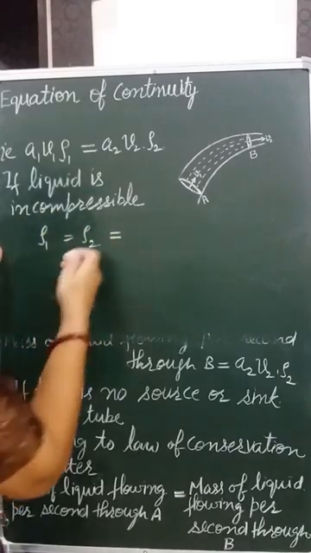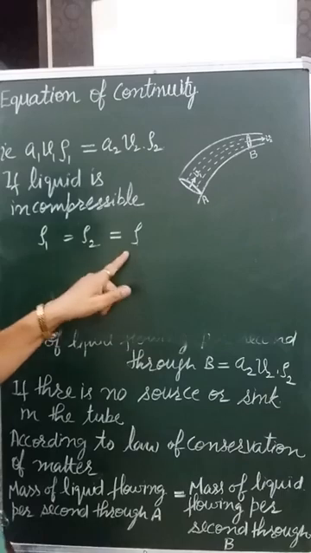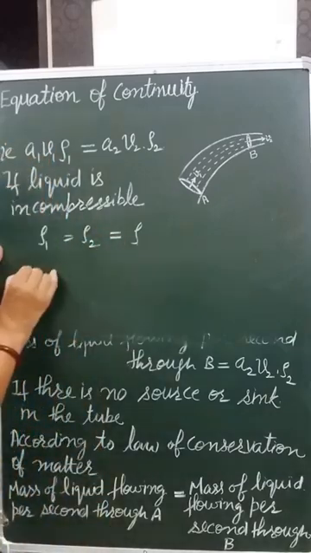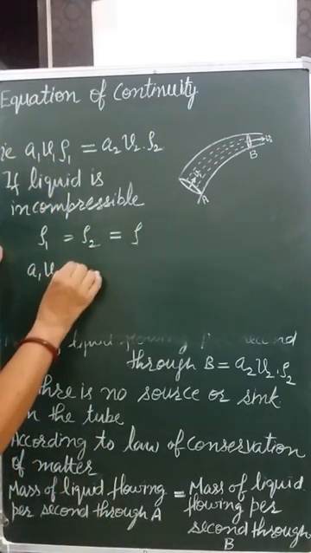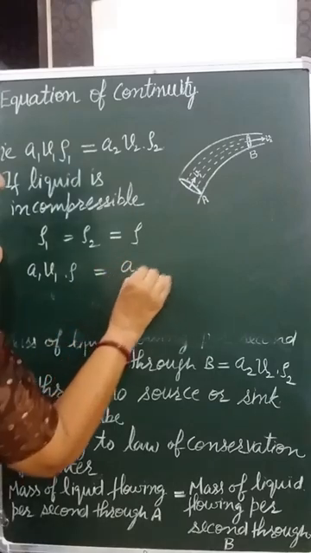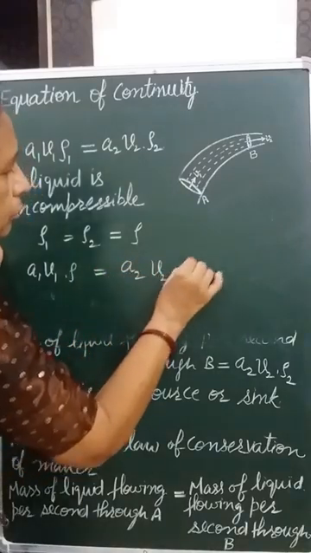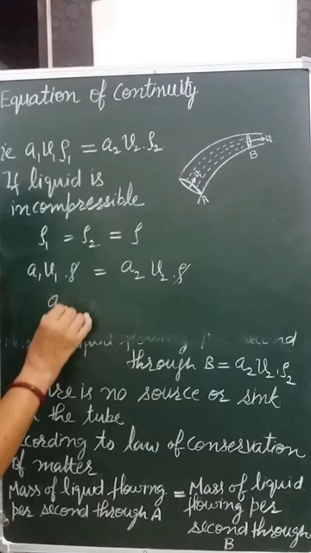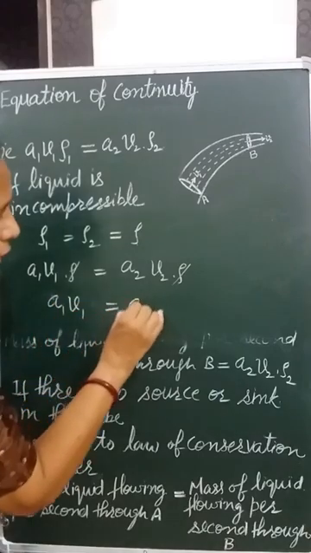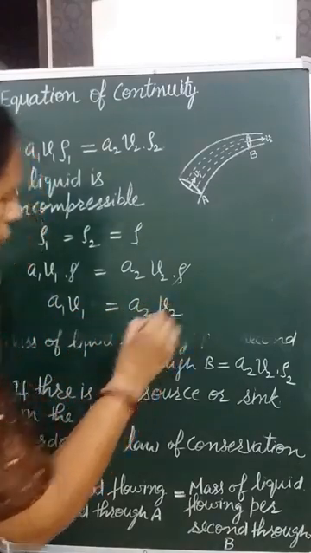Let us say rho 1 is equal to rho 2 is equal to rho. And we can write A1 V1 into rho is equal to A2 V2 into rho. So we get A1 V1 is equal to A2 V2.